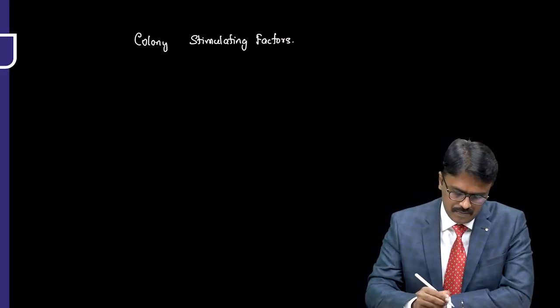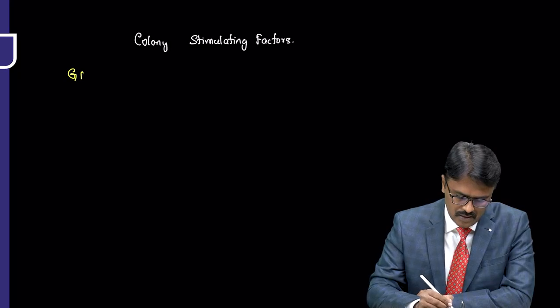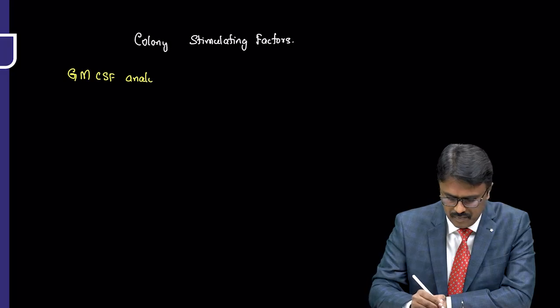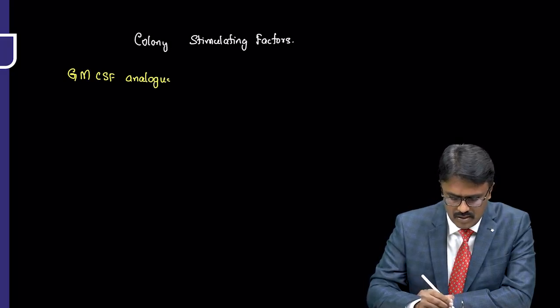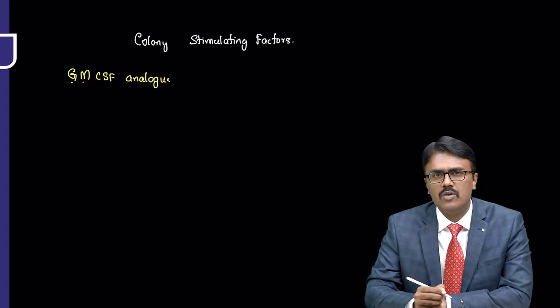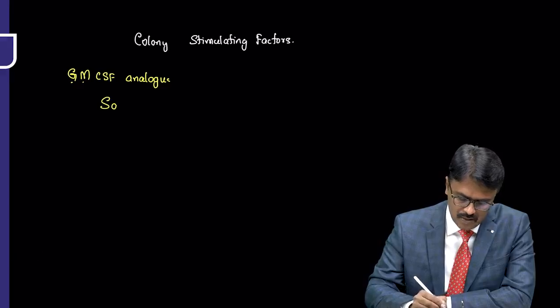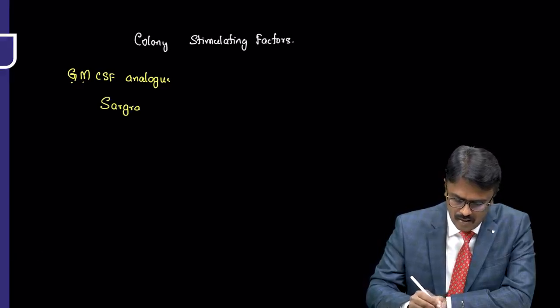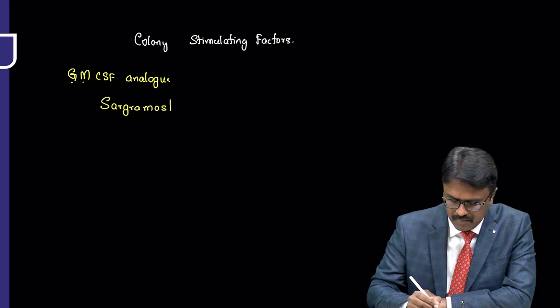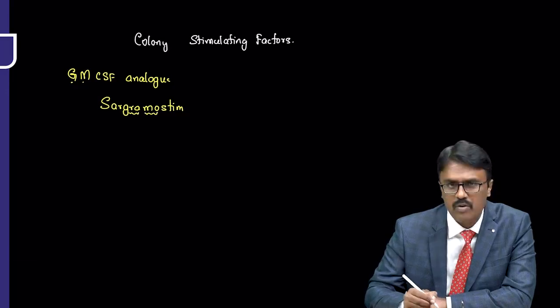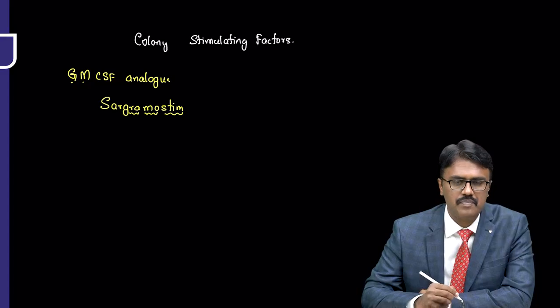Now let me write. The first one is GM-CSF analog. GM stands for granulocyte monocyte colony stimulating factor. What is the drug name? The name is sargramostim. So you read the name: gra means granulocyte, mo for monocyte, stimulator.